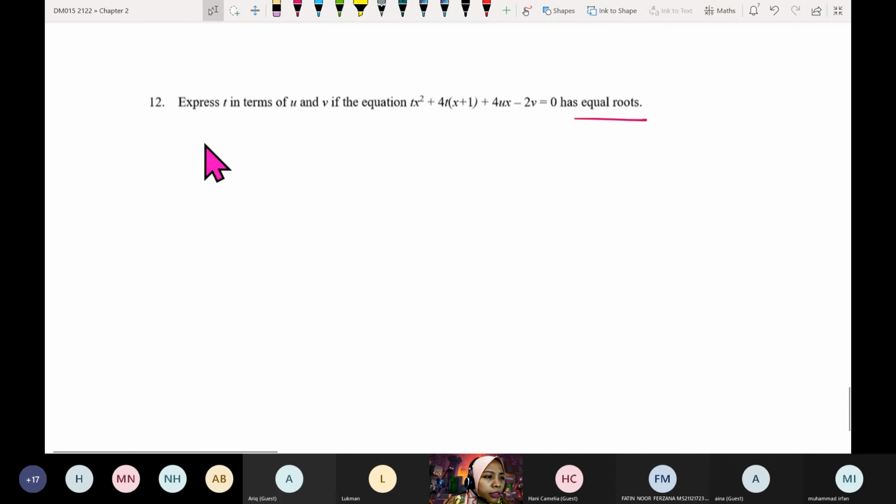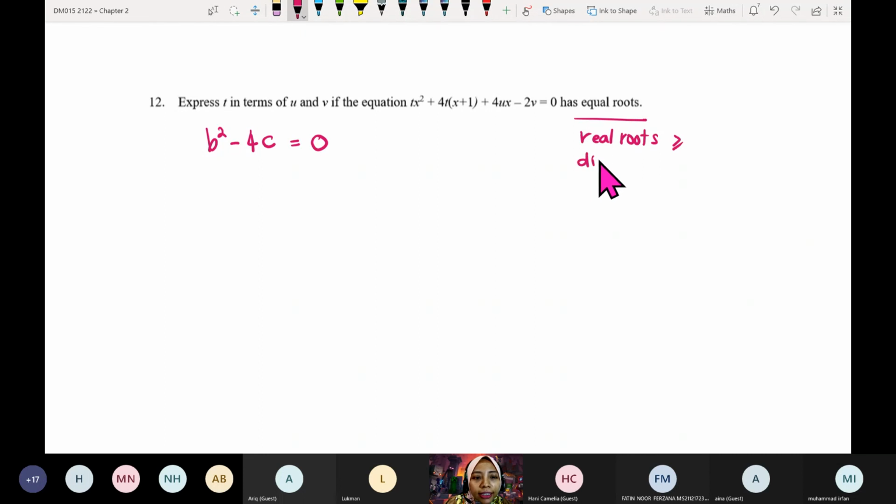So equal roots means B square minus 4AC apa? Greater equal? Equal. Mesti equal 0. Kalau dikata real sahaja, real roots, boleh jadi greater or equal.